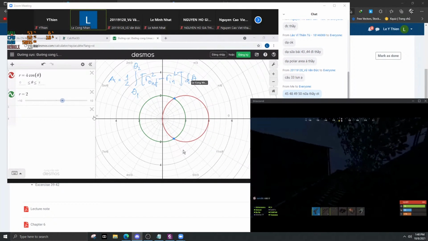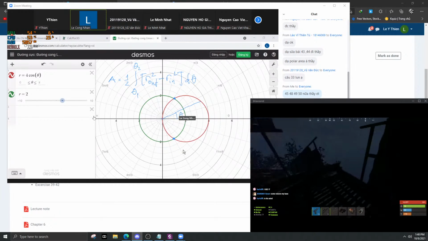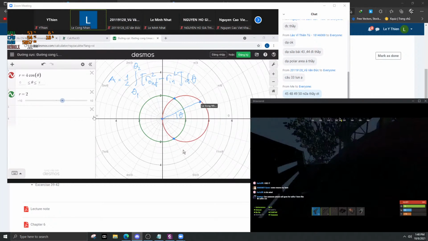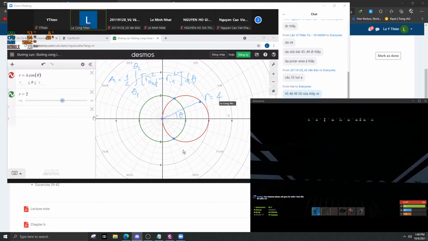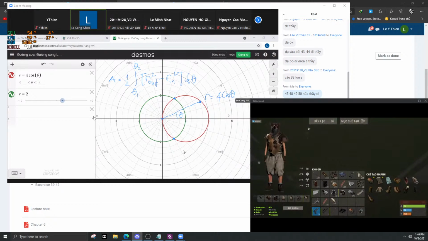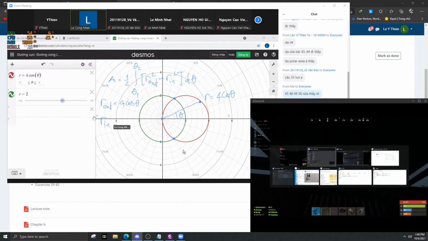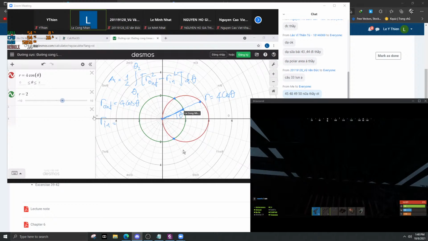What is the outer radius in this case? For the angle theta, the outer radius is the distance from the origin to this point. This circle has the equation r equals 4 cosine of theta, so the outer radius equals 4 cosine of theta. What about the inner radius? The inner radius equals the distance from the origin to the green curve, so we have r equal 2.